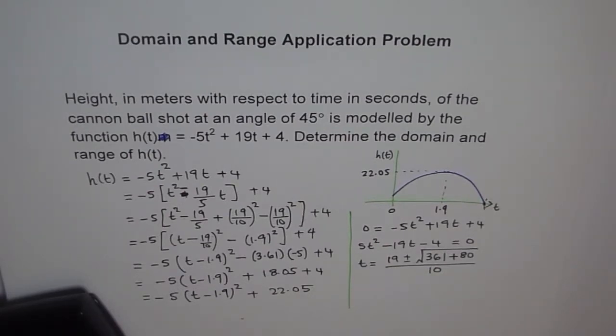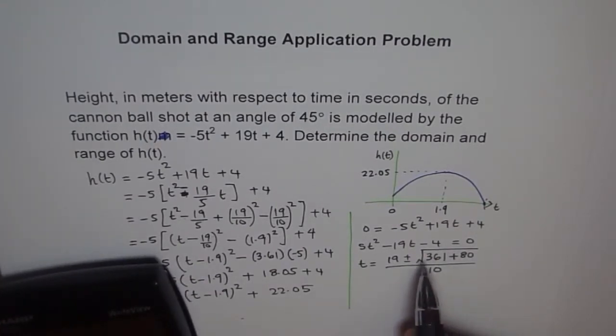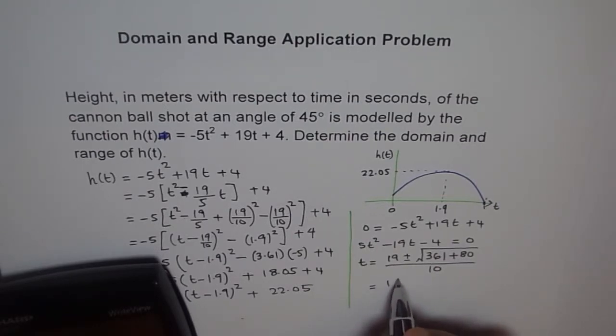So let's add 80 to 361 and find the square root. We get 441, and the square root of 441 equals 21. So t equals 19 plus or minus 21 over 10, correct?